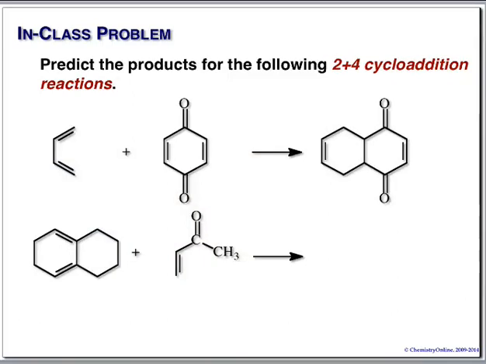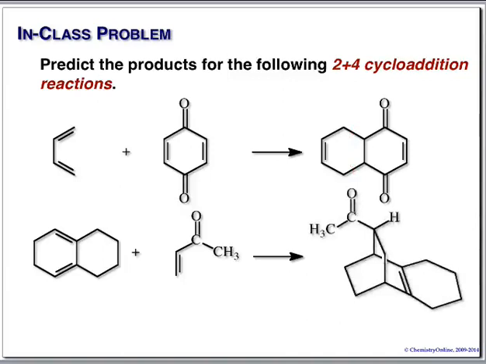Now the next one's a little trickier. The carbons of the diene that are going to react are going to be this one and this one, right? And they're going to react with these two. Yeah, those are the bonds made. The product here is going to look like this.